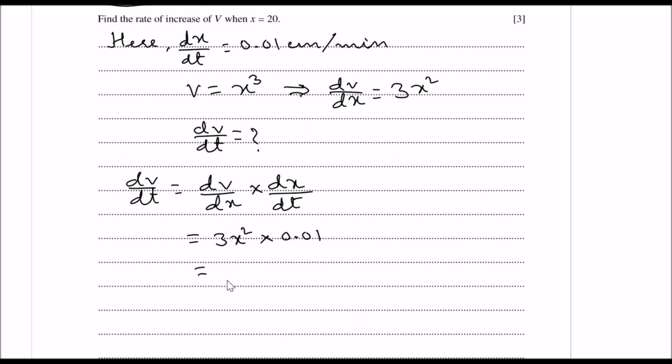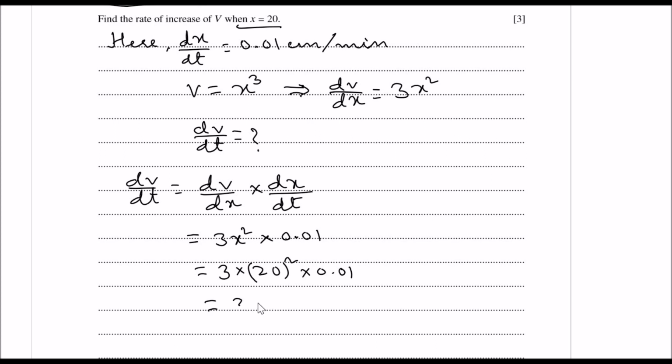So we get 3 times... Now, what is the side length given? It is in the question, when x equal to 20. So put x equal to 20 here. So we get 3 times 20 square times 0.01. Okay.